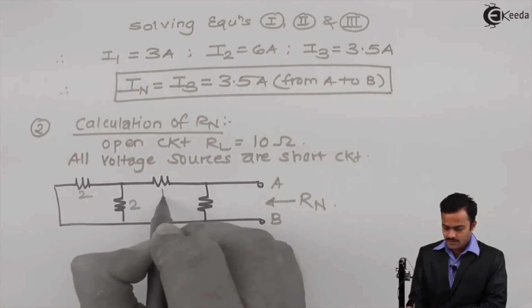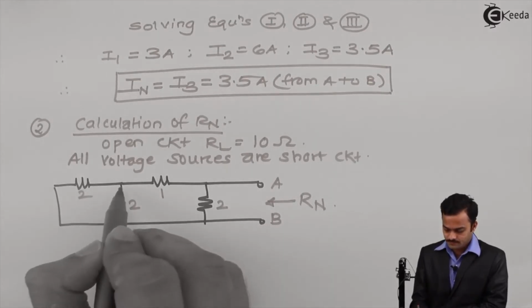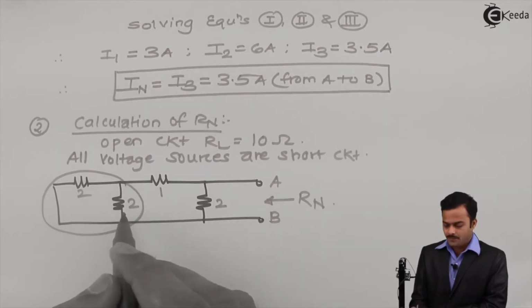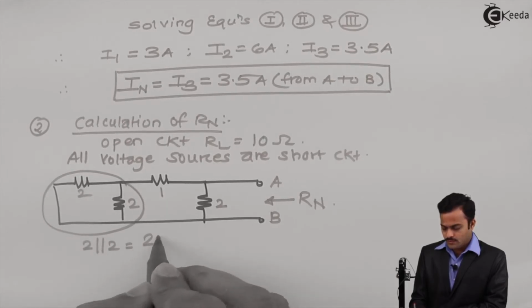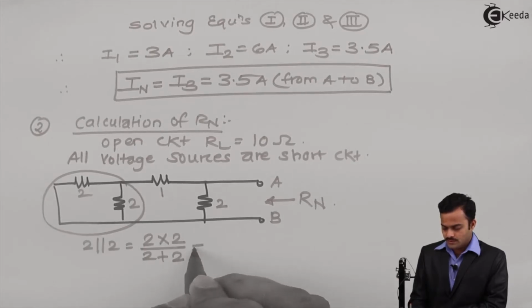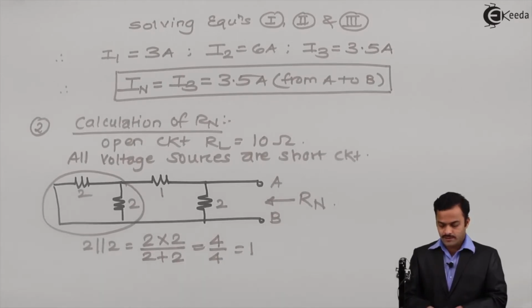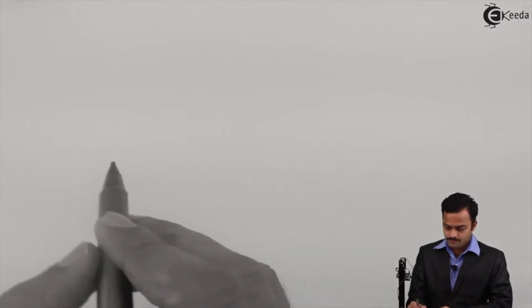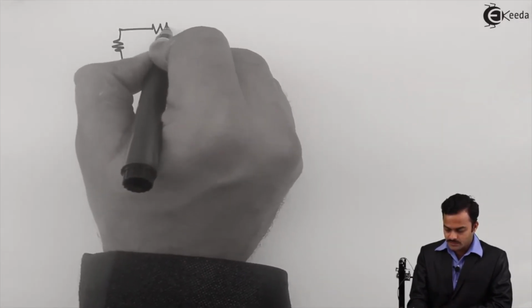So this circuit we have to solve using series parallel combinations. This 2 and this 2 will come in parallel. So equivalent is 2 multiplied by 2 divided by 2 plus 2. It is 4 by 4. The answer will be 1. So I can reduce these two resistances into one of value 1 ohm, which will come in series with this 1 ohm resistance.